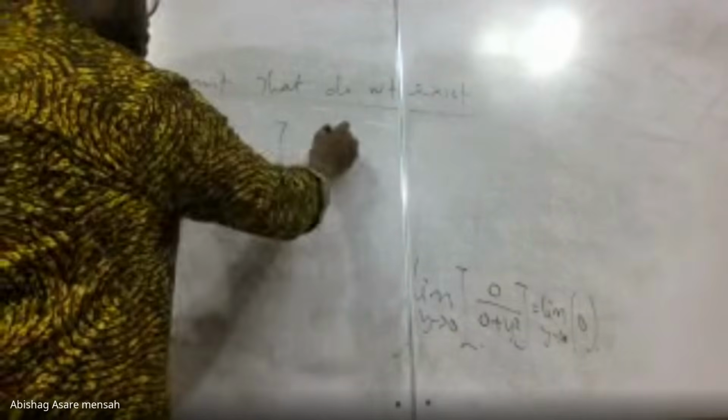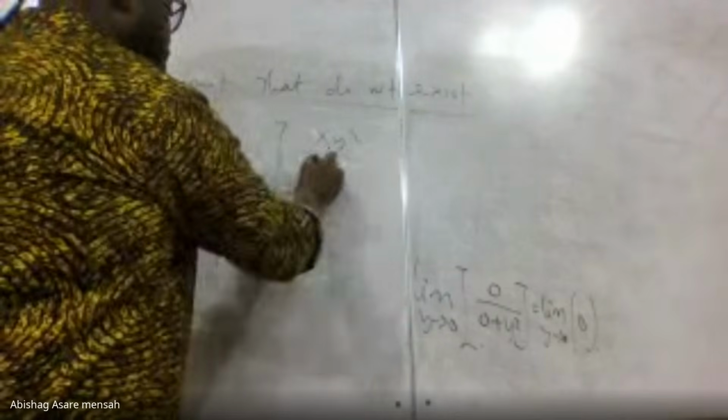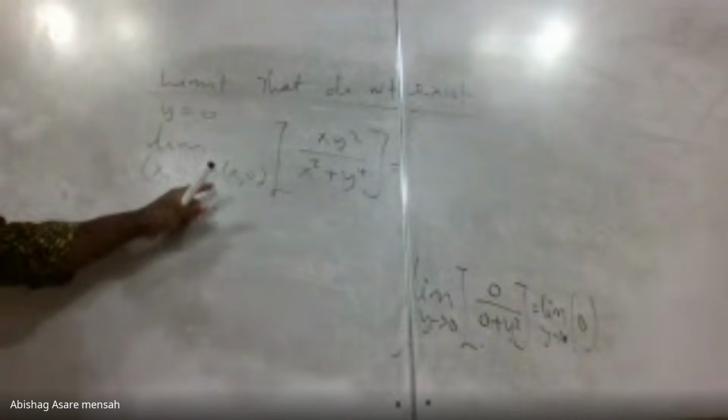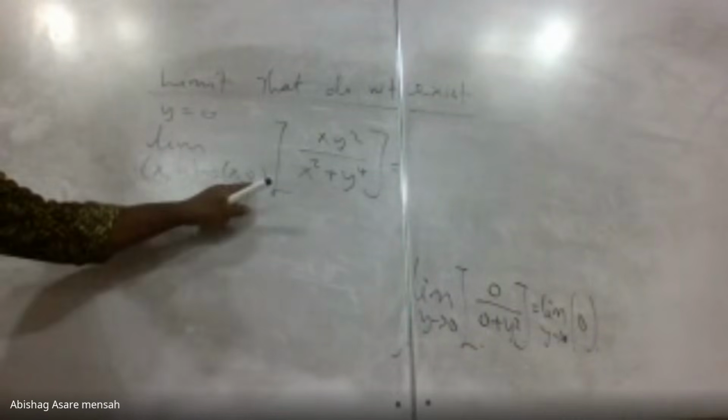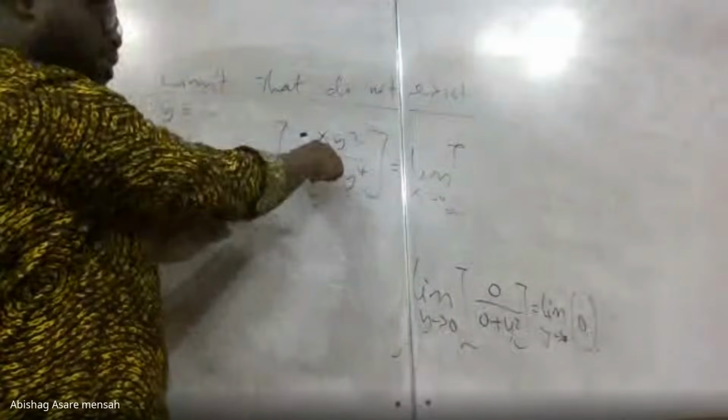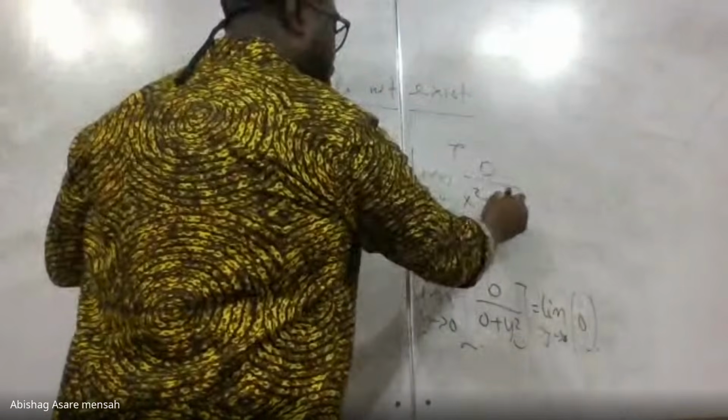So it will be x y squared on x squared plus y to the power of 4. So y is moving to 0. Now this time I can find my x moving to 0. And this one got 0 already. Then x squared plus 0.